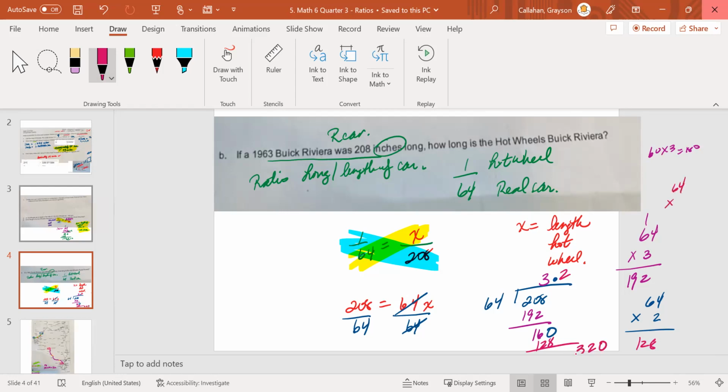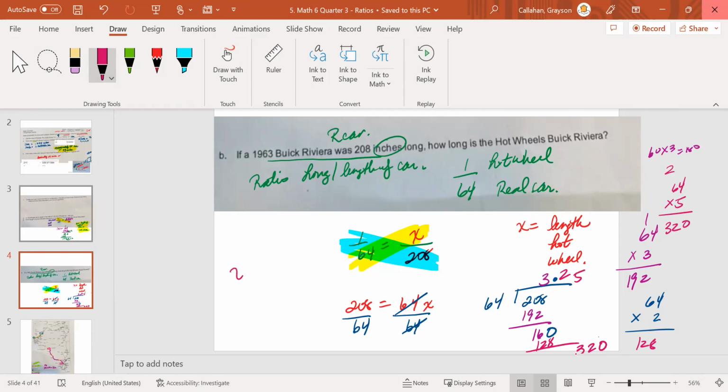64 times what is close to 320? 64 times 3 is 192. 192 is too small for 320, so think bigger. Let's do 5. 5 times 4 is going to give me a 20, 30, 32. Perfect, so 5.